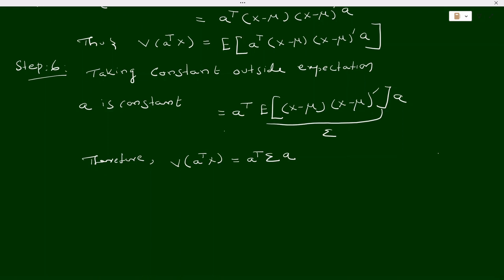So hence we get the variance of a transpose x as a transpose, the variance covariance matrix, and a. Let us now prove this using numerical verification.